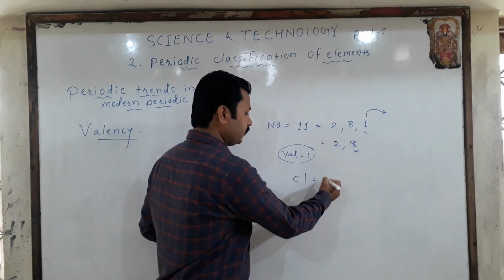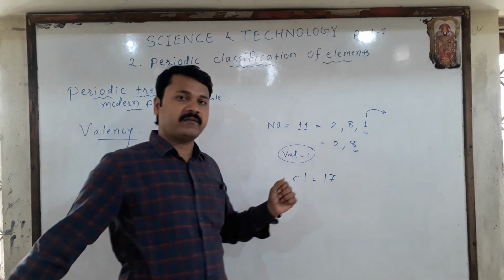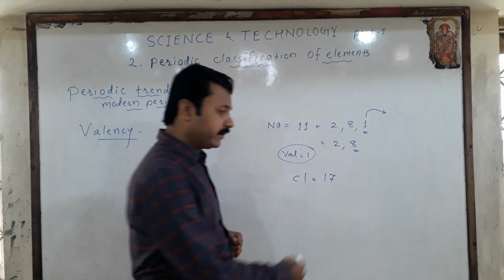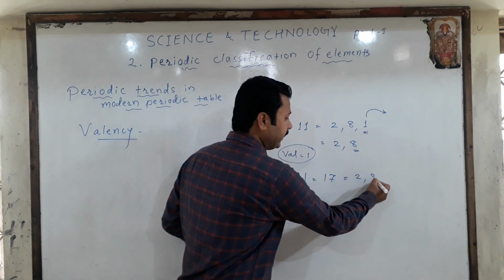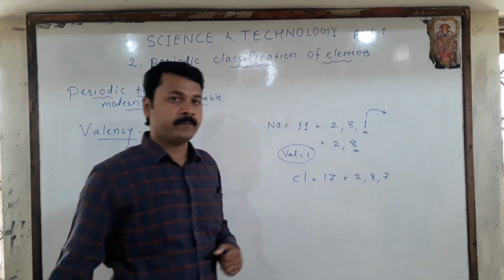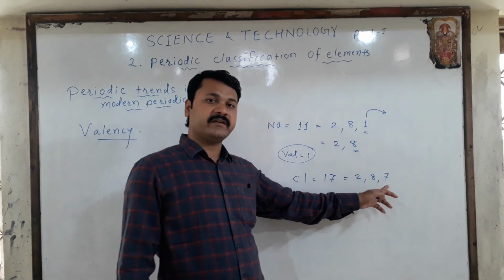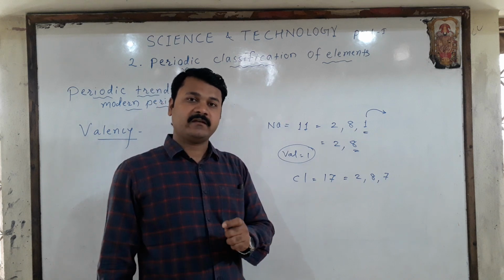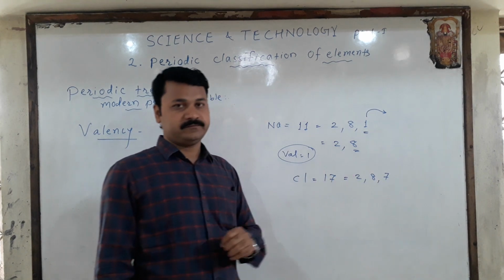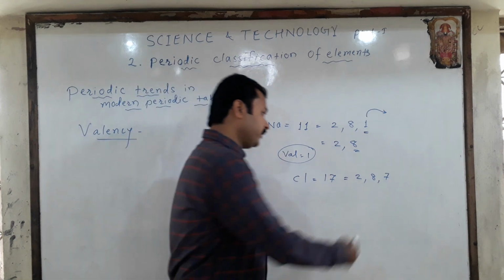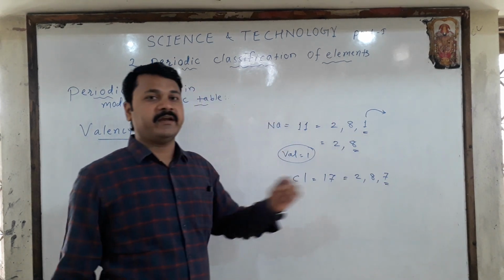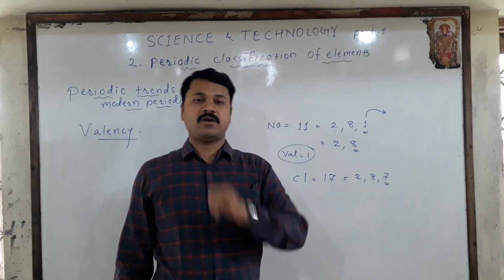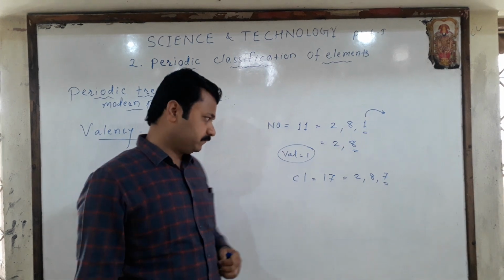Next example, chlorine. Chlorine has atomic number 17. Its electronic configuration is 2, 8, 7. It has 7 electrons in its outermost shell. It means it has 7 valence electrons. It requires 1 electron to complete its octet.